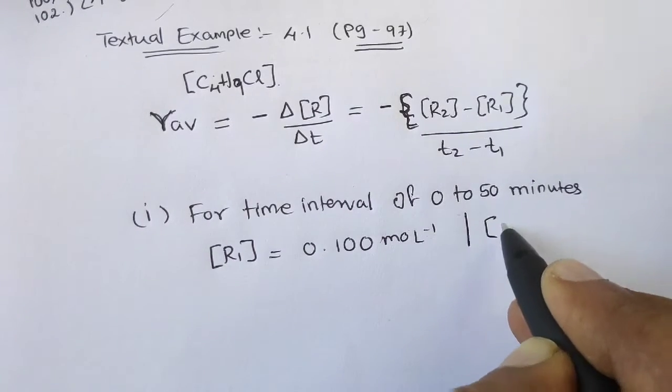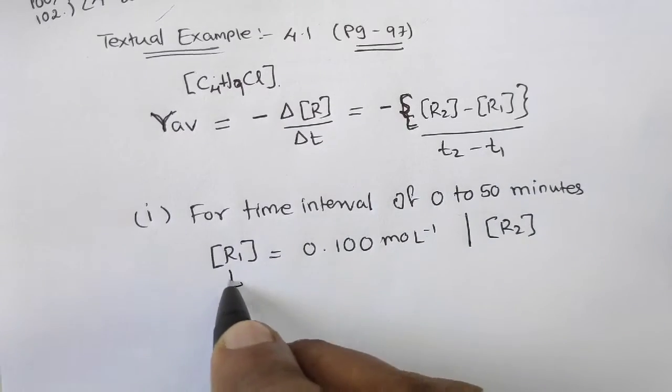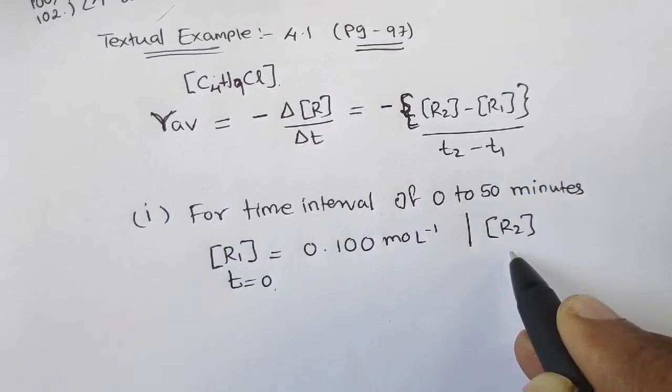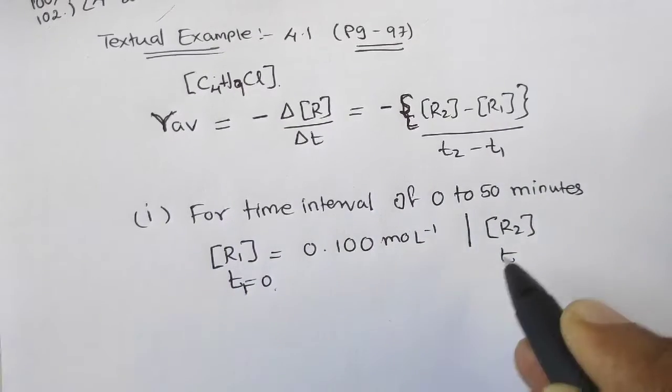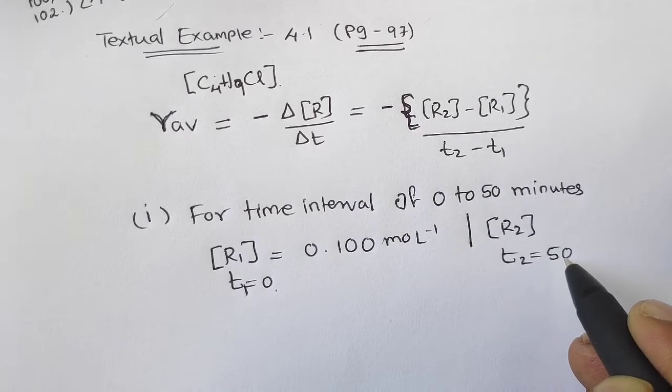Same way for R2, this is at time t equal to 0 second, that is T1. This is T2 at 50 seconds.